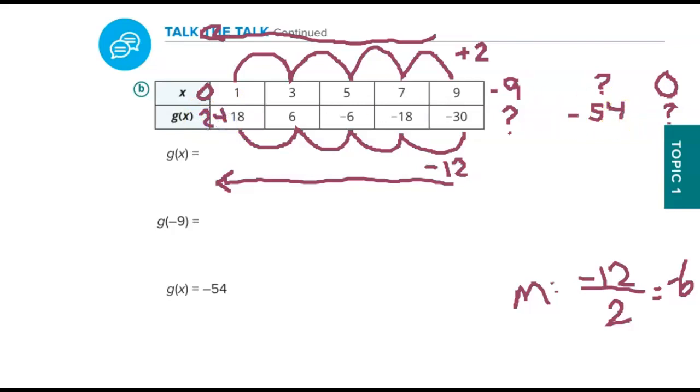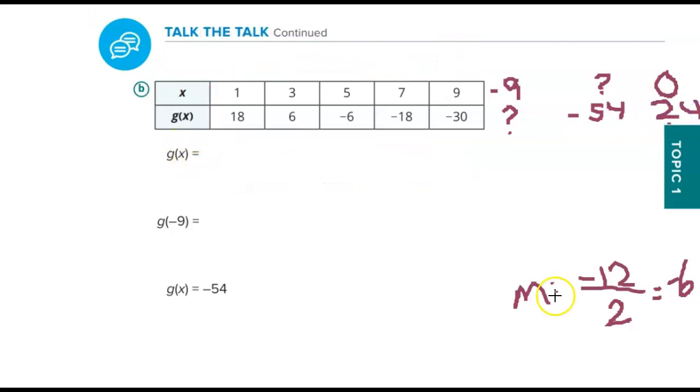So we know that when x is 0, the y is 24, and that is our y-intercept. So now that we know our y-intercept and we know our slope, we're perfectly able to write our function in general form.